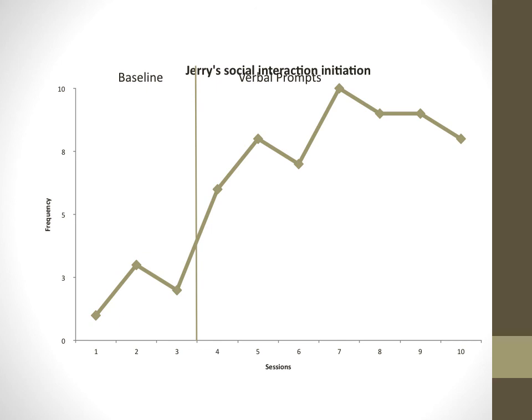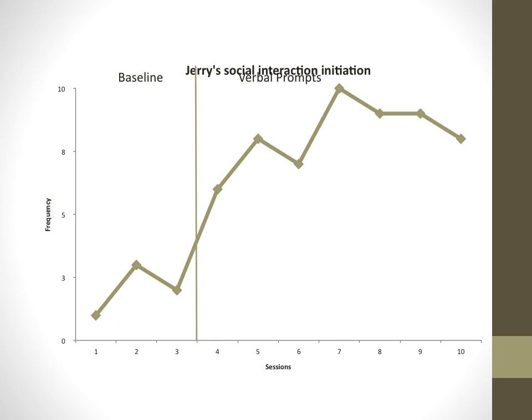You must have an x-axis and y-axis, and you have to label them. And then you have to label the whole graph using your student's name and target behavior. For example, the label of this graph is Jerry's social interaction initiation. So this person's target behavior can be the title of this graph.